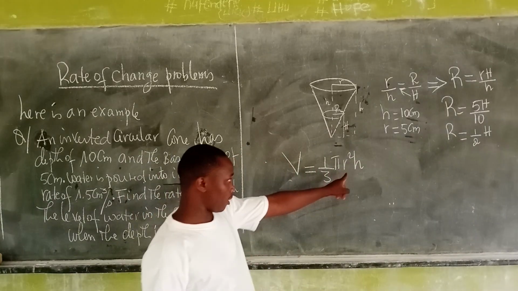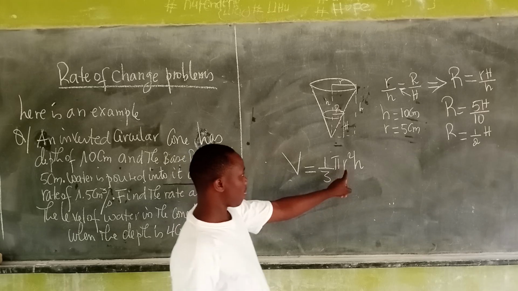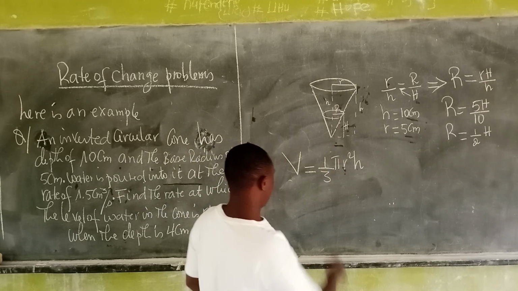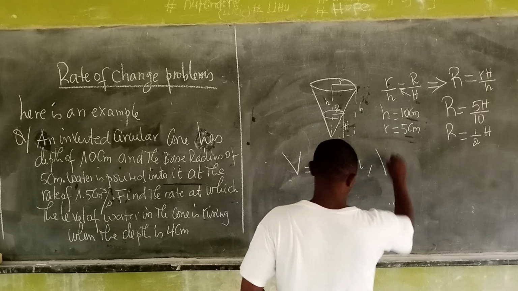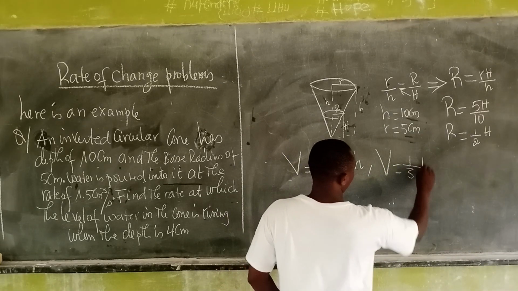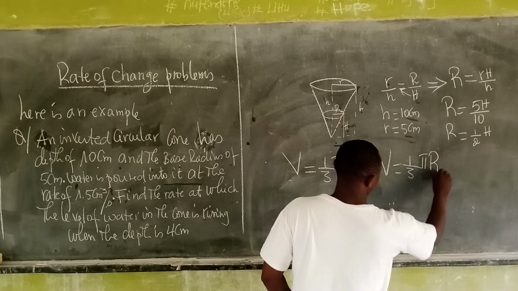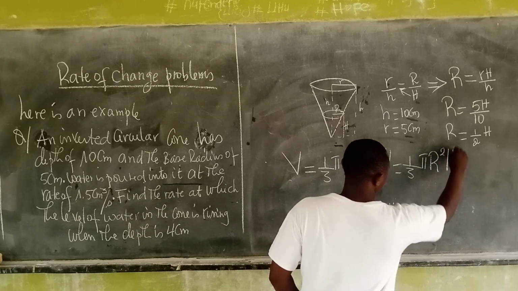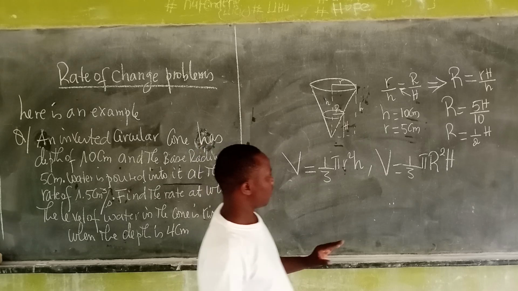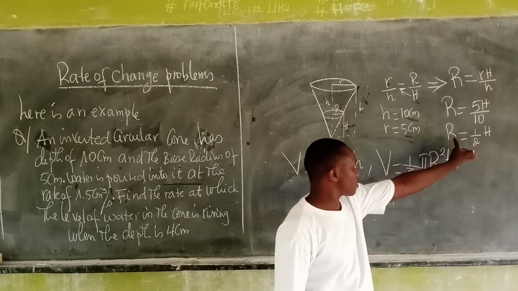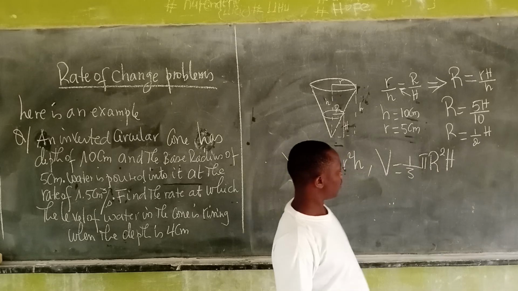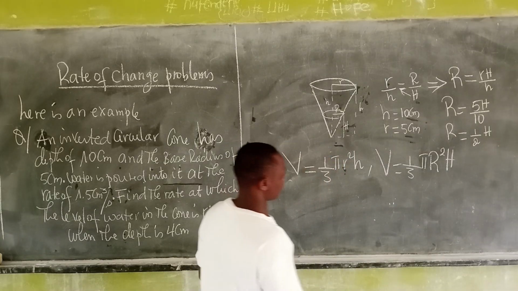In our case, we are using uppercase letters R and H. This is the same as writing one third of pi R squared H. We are going to replace these letters in the volume of a circular cone.